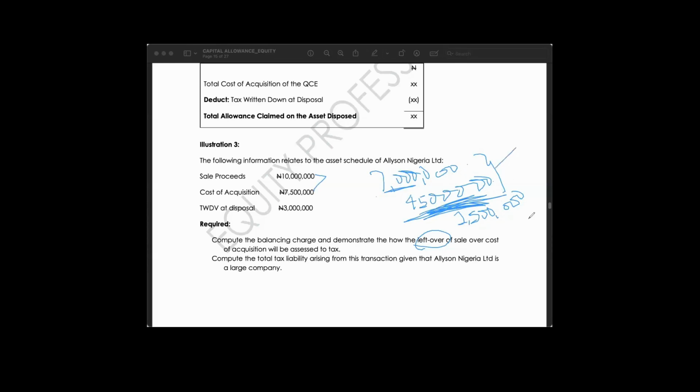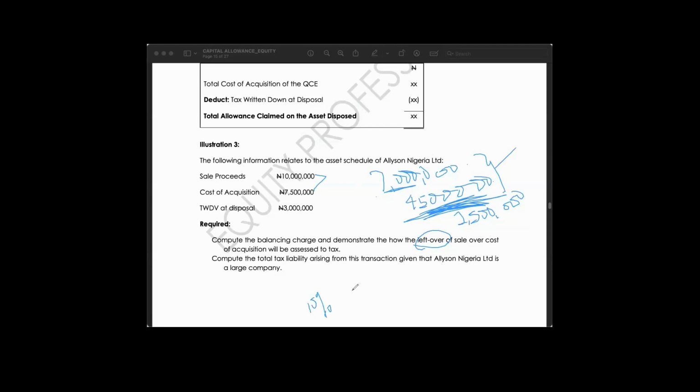7 million minus 4.5 is the leftover, which is the same thing as sales minus cost of acquisition, which is 2.5. So the examiner is now asking you, how do you subject this to tax? What is the total tax liability? Now, the tax rate on the 2.5 is 10% for capital gains tax.